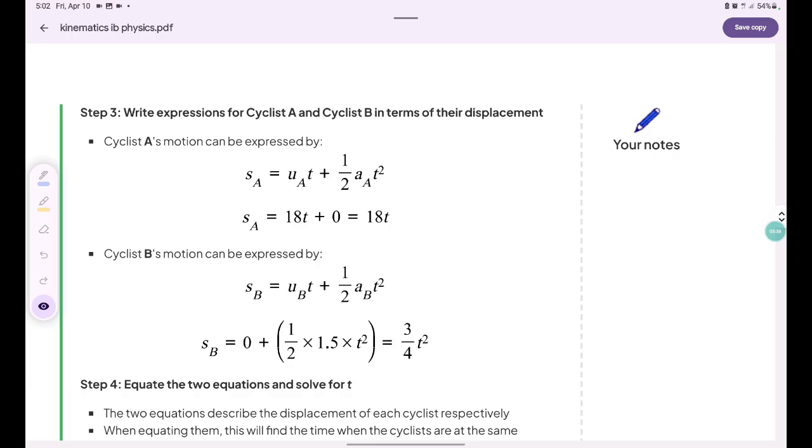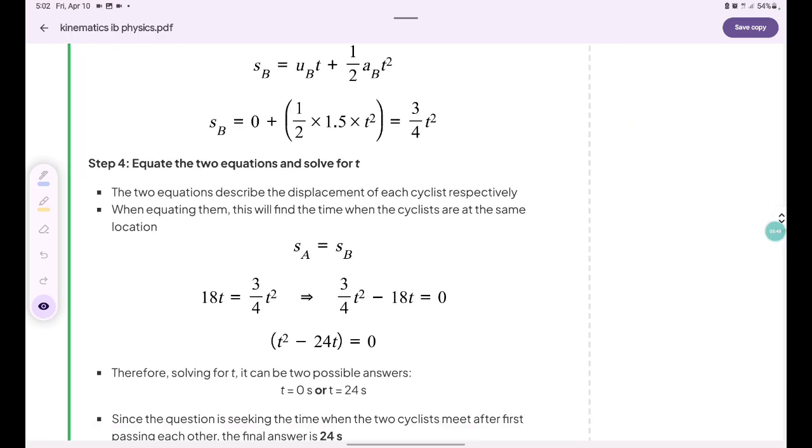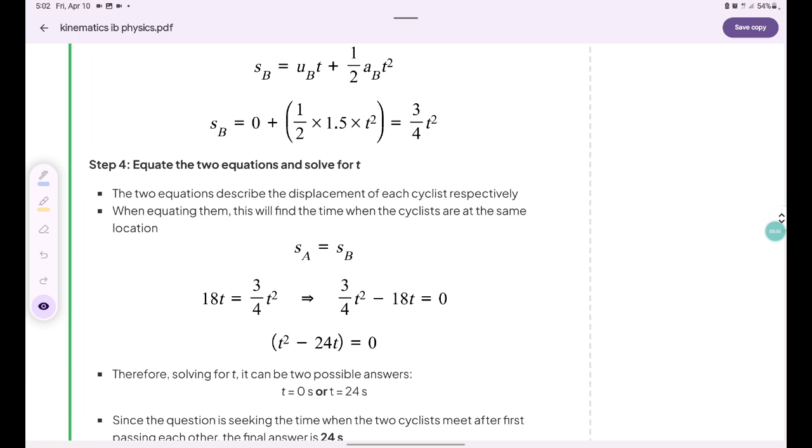So step number 4, equate the two equations and solve for t. SA equals SB, that gives us 3/4 t squared minus 18t equals 0. So t equals 0 or t equals 24 seconds.